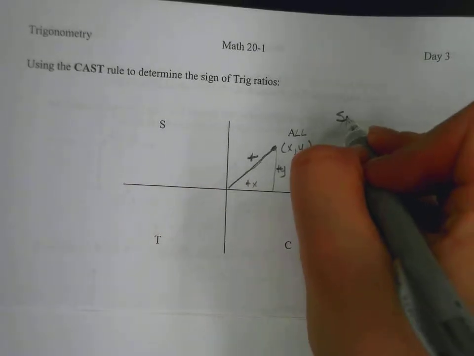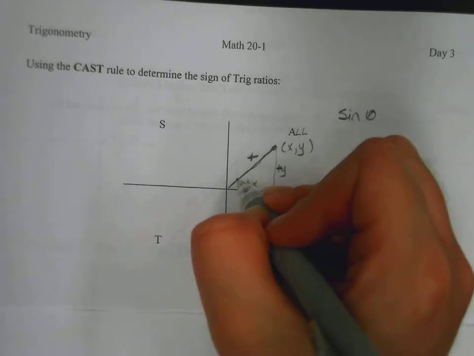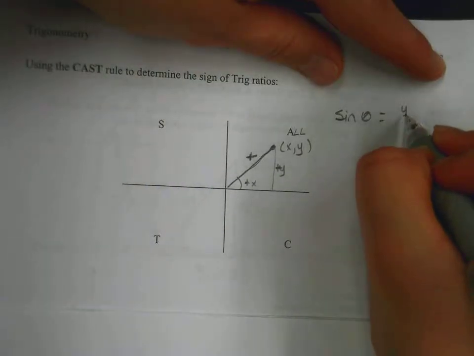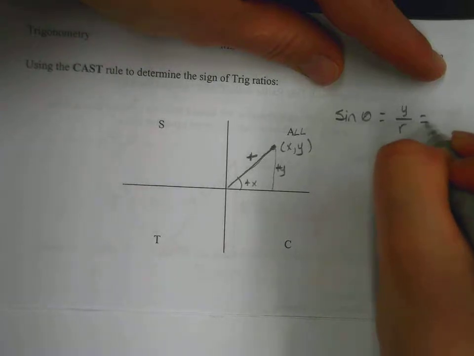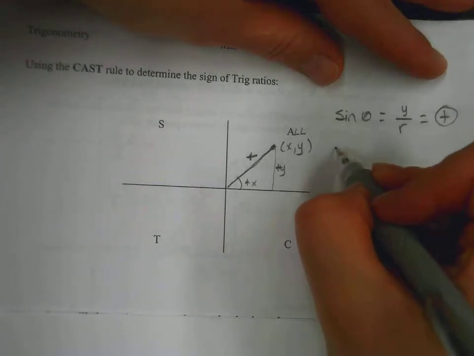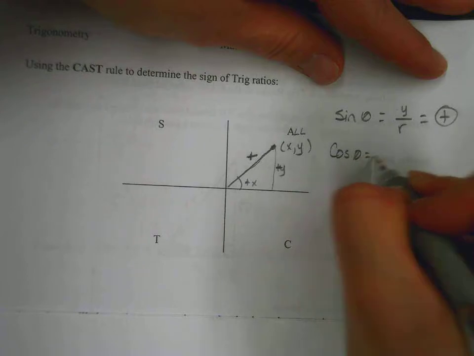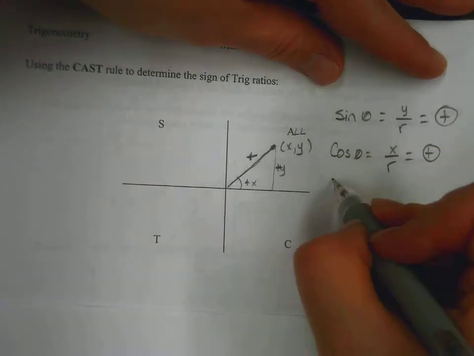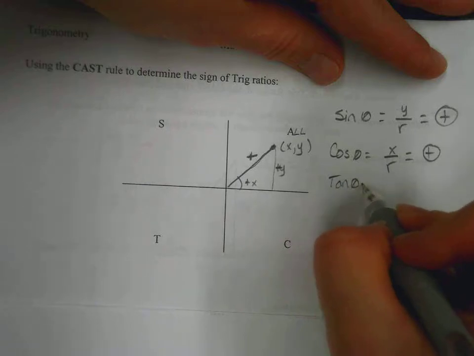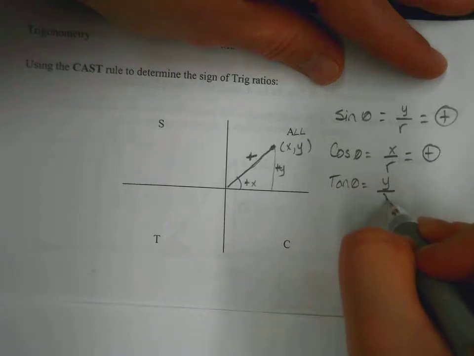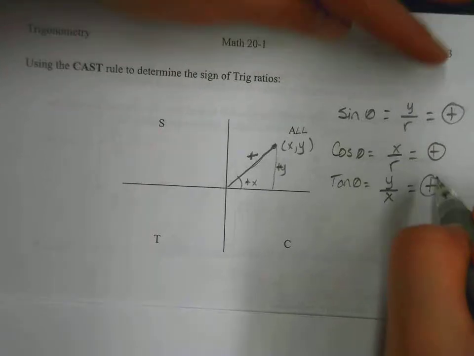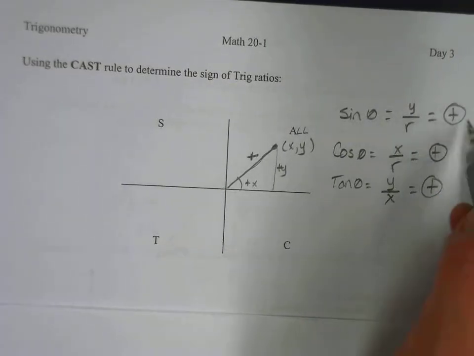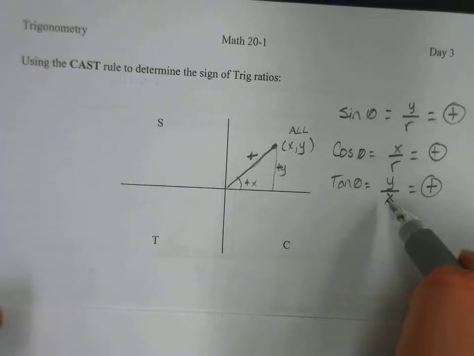So thinking about my sine ratio, this would be a positive Y over a positive R, so this ends up being a positive ratio. Cos would be a positive X over a positive R, which would end up being a positive ratio. Tangent would also end up being positive because I'm taking a positive Y over a positive X. So in the first quadrant, all three of my trig ratios are positive.